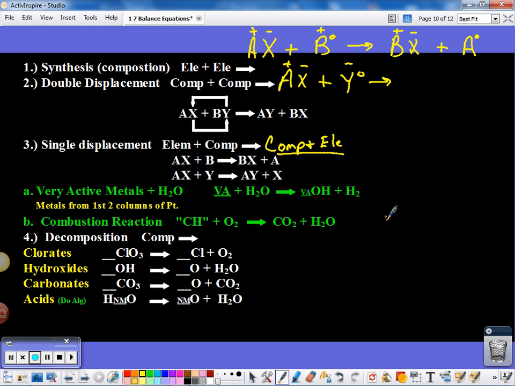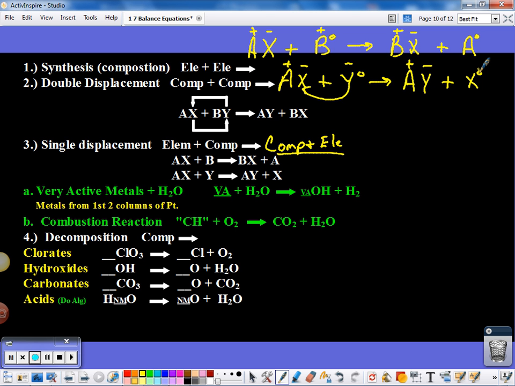So since negatives replace negatives, I'm going to have AY plus X. So the Y is going to kick the X out. Plus 1, plus, and a minus, and then that has a 0 charge once it gets kicked out. It's in a space by itself. All right, so this is a single replacement basic reaction.